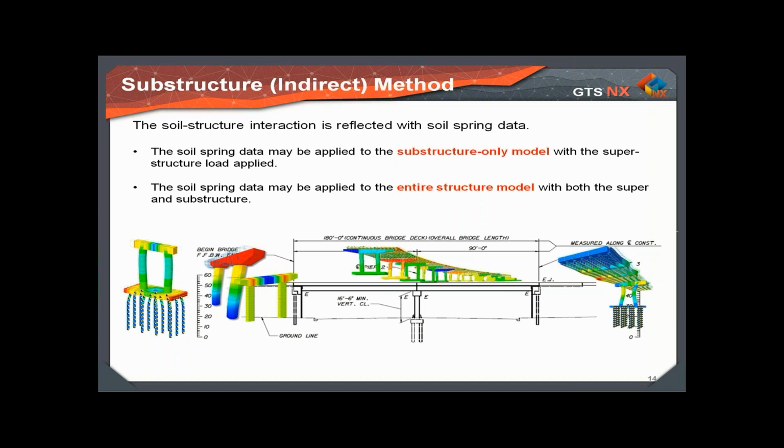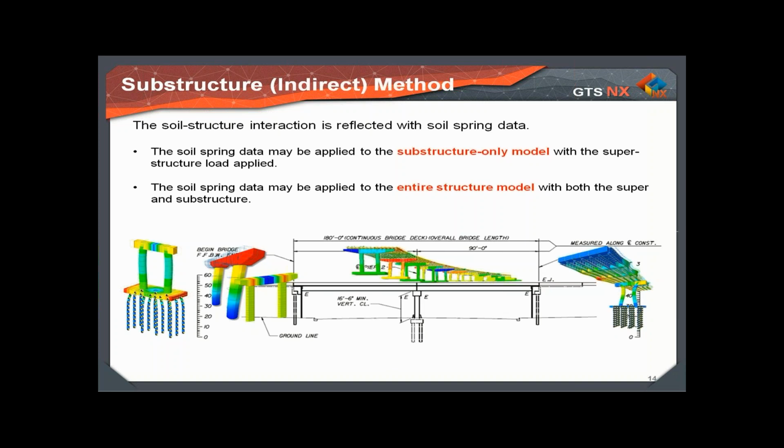First, handling the substructure apart from the superstructure, with the superstructure information reflected using the load or boundary conditions applied to the top of the substructure. Second, handling the entire structure together, meaning superstructure and substructure together. The first, the substructure only approach, is the common approach taken in design software such as RCPR, LPILE, and FVPR.